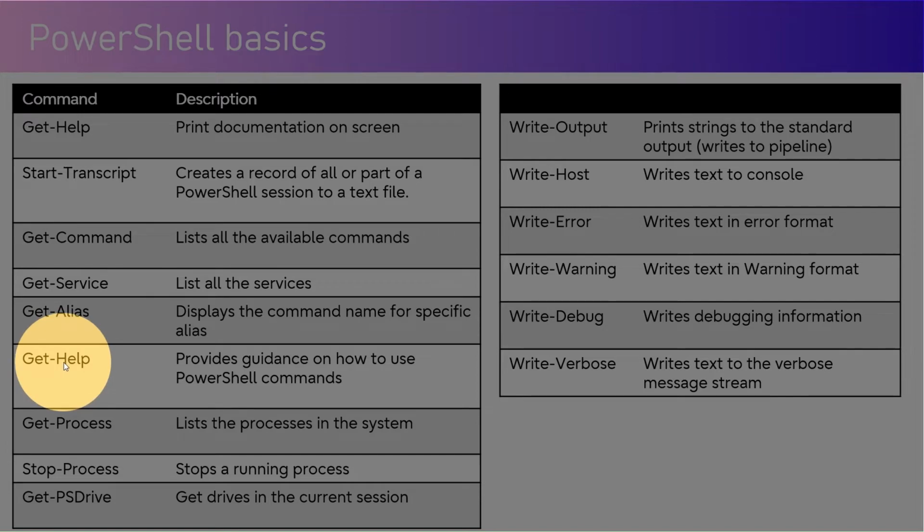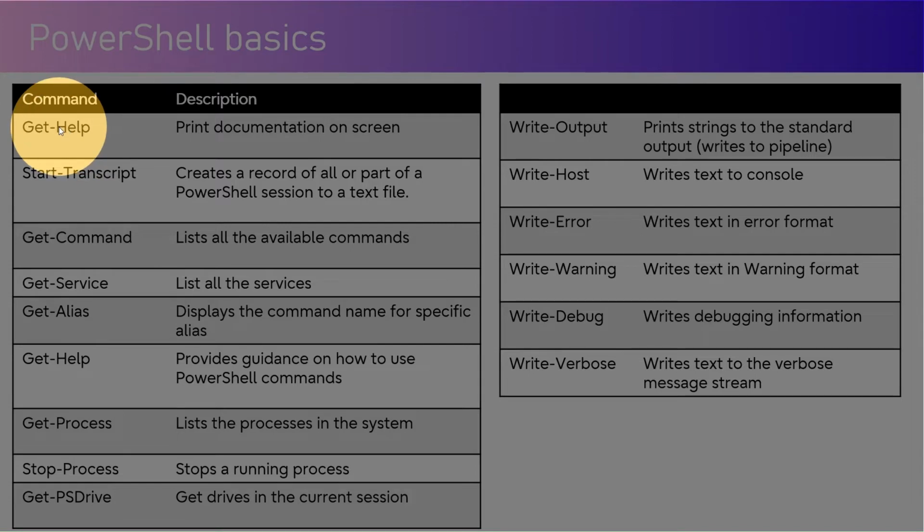Now, Get-Help. I have just mentioned it twice here. It provides guidance on how to use PowerShell commands. We have already covered Get-Help; it's the same thing, just repeated text here. I have purposefully kept it here with a different description because you need to know this command.